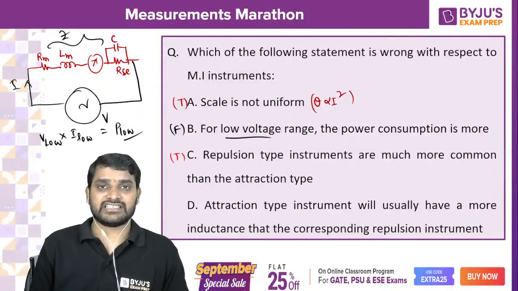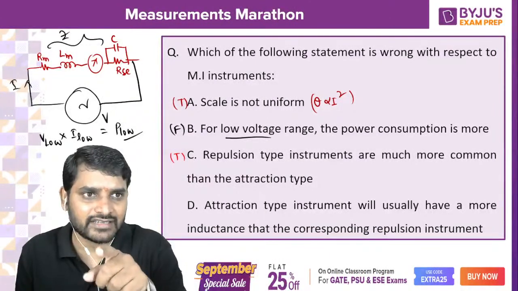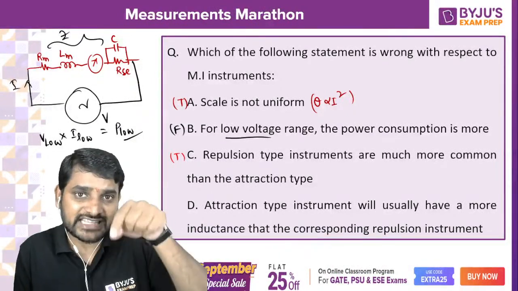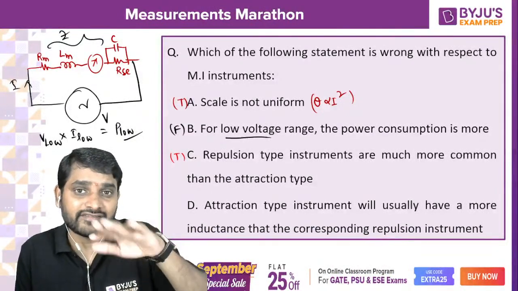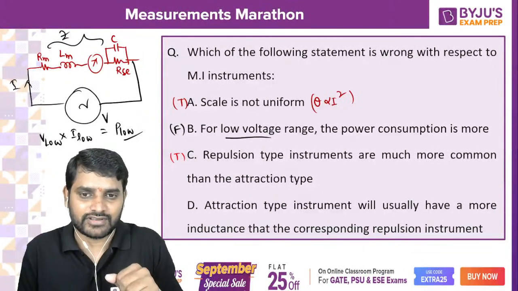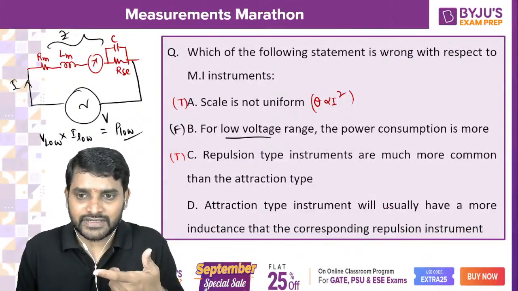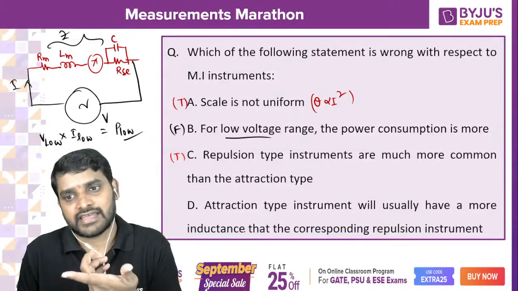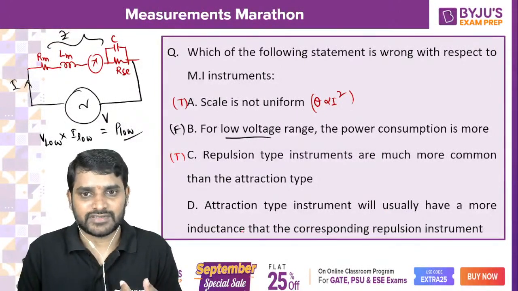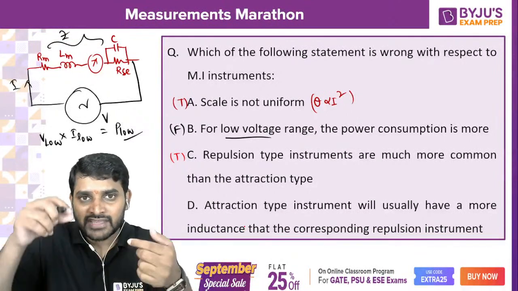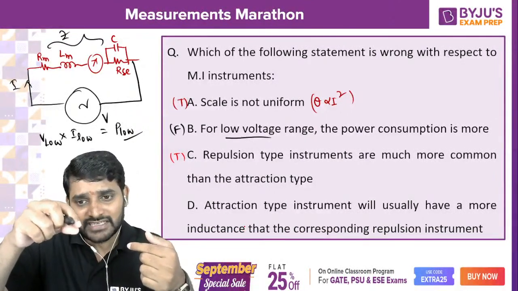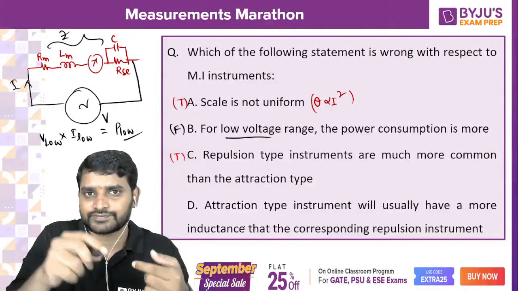Placing the iron piece is a very difficult task. An attraction type instrument will usually have more inductance than the corresponding repulsion type instrument. The inductance of the coil is dependent on the placement of the iron piece also.